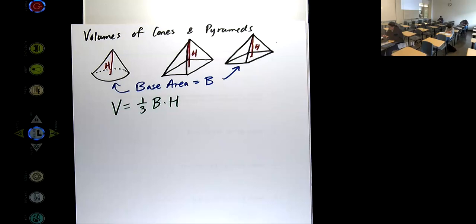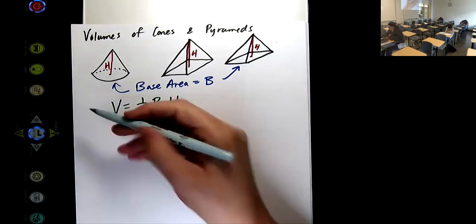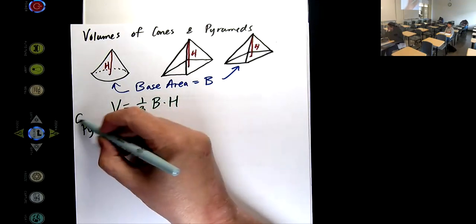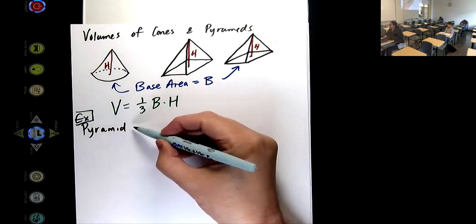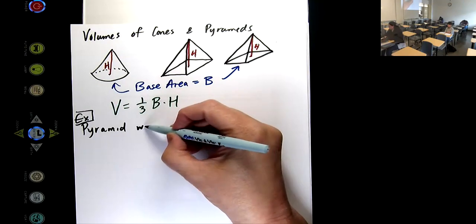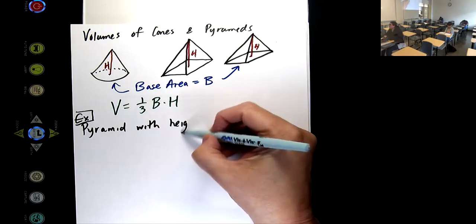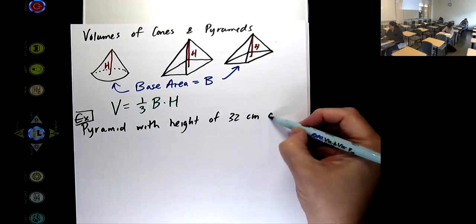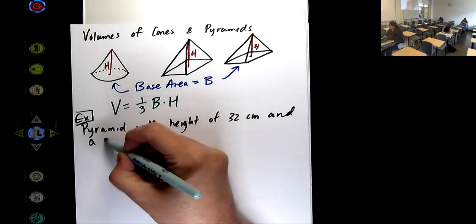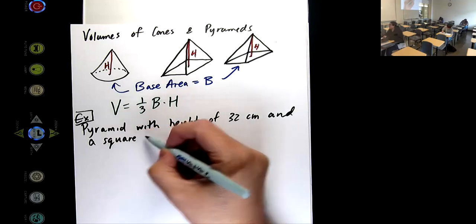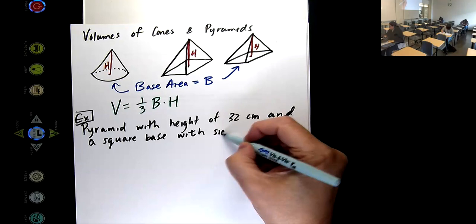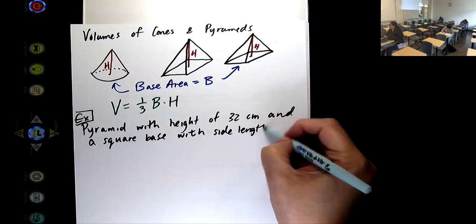So let's just do an example. We have a pyramid with height of 32 centimeters, and a square base with side length of 20 centimeters.